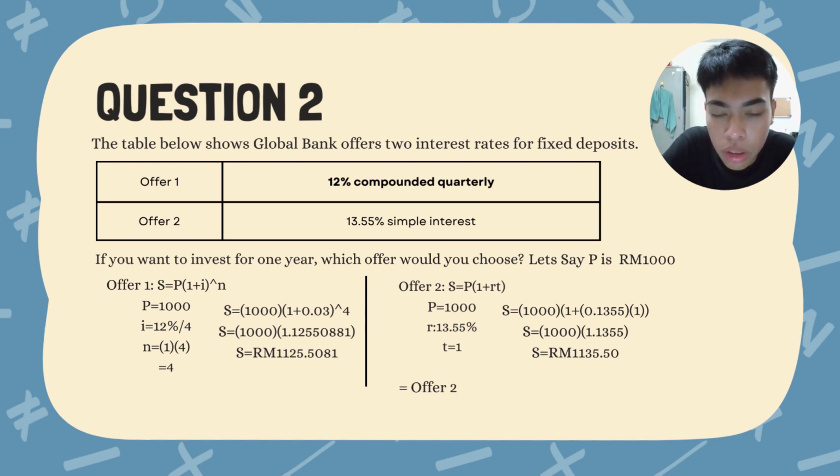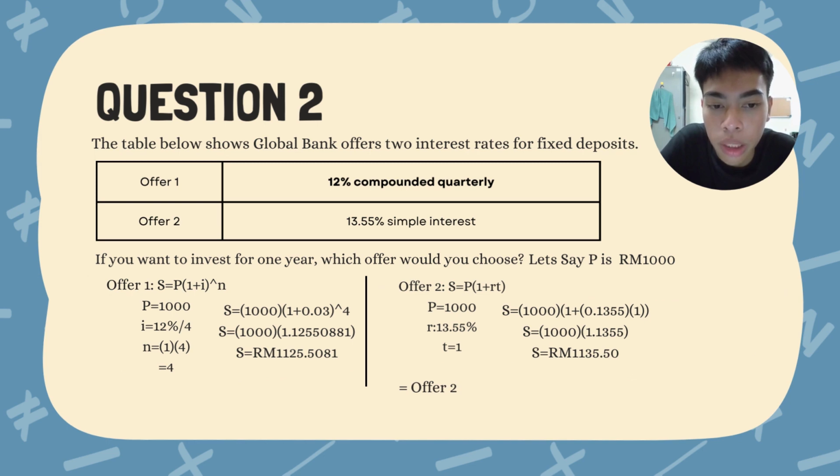For offer 2, we're going to use S equal to P open bracket 1 plus RT close bracket. P equals 1000, the interest equals 13.55%, T equals 1. So we put all those in the formula. S equal to 1000 multiplied by open bracket 1 plus 0.1355 times 1 close bracket.